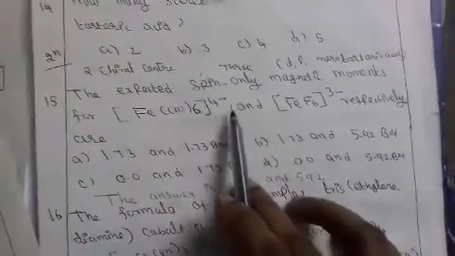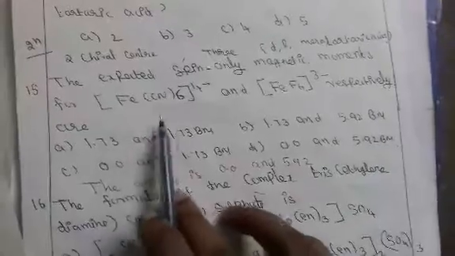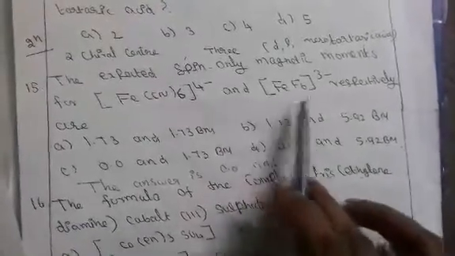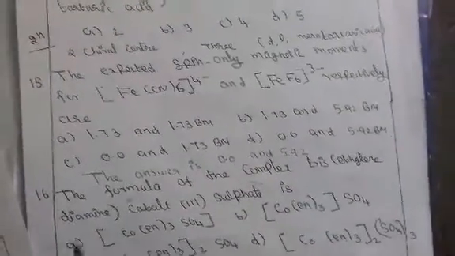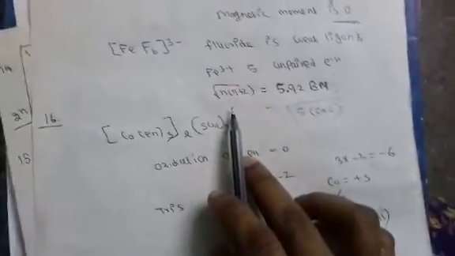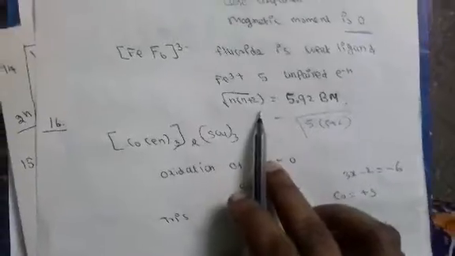Next one is the 15th one: the expected spin only magnetic moments for [Fe(CN)6]4- and [FeF6]3- respectively. Now we have to find out the magnetic moment of these complexes. We already know the formula for magnetic moment, root of n into n plus 2.